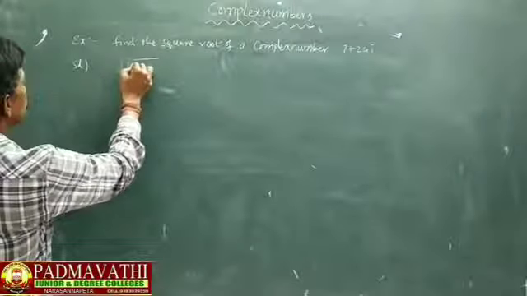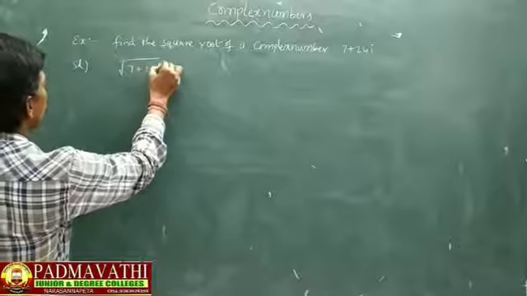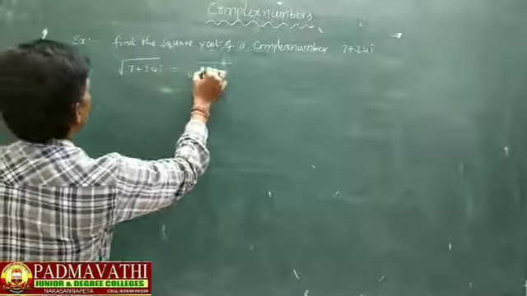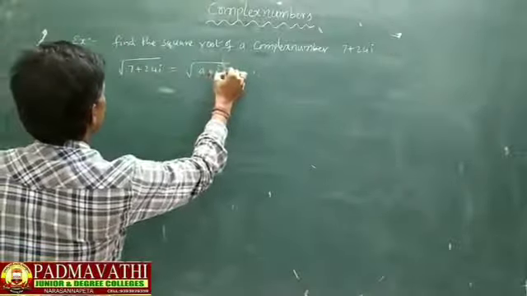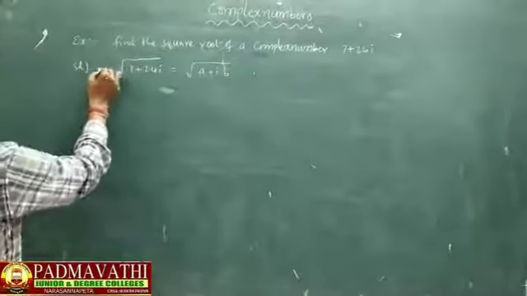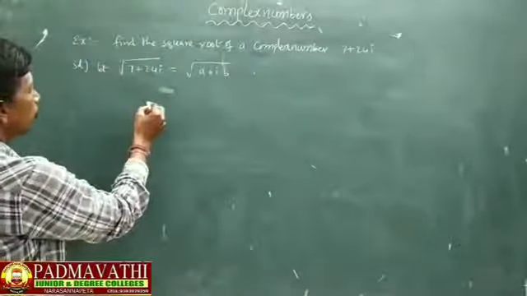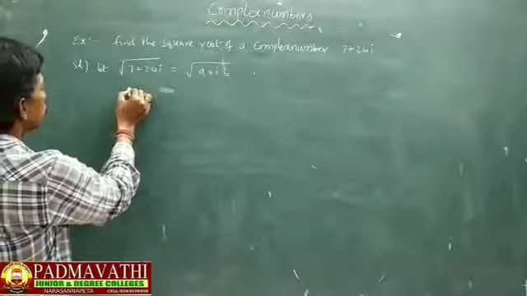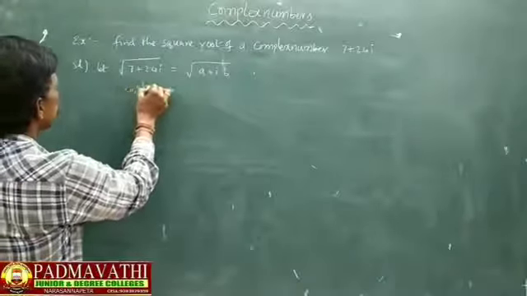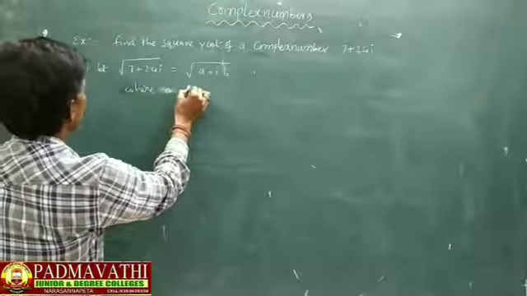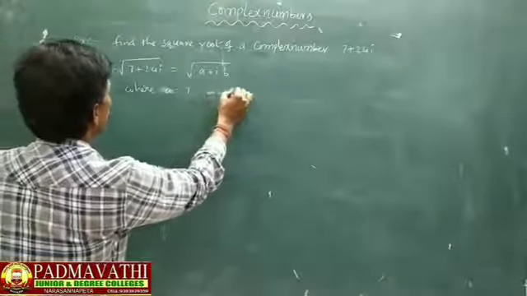Square root of 7 plus 24i, that is equal to root of a plus ib. Let a equal to 7, b equal to 24.